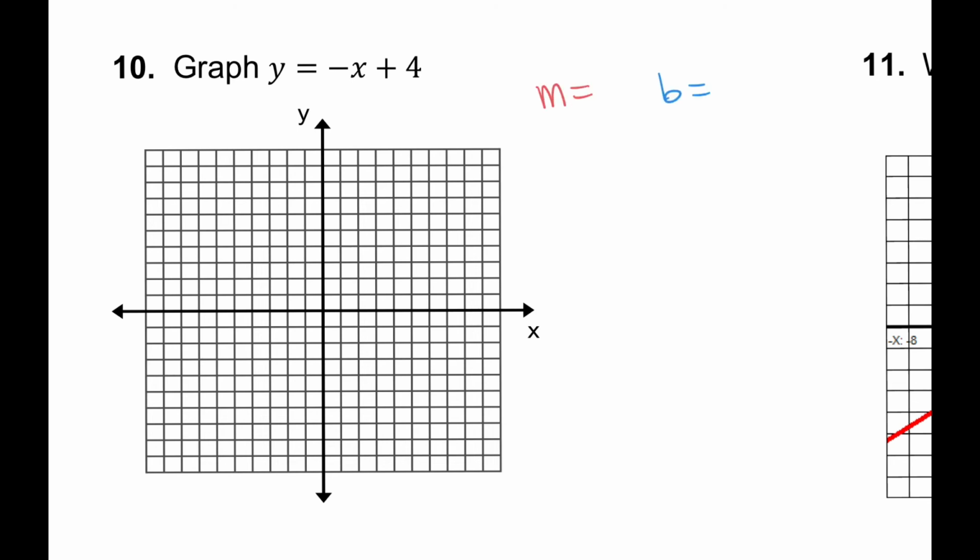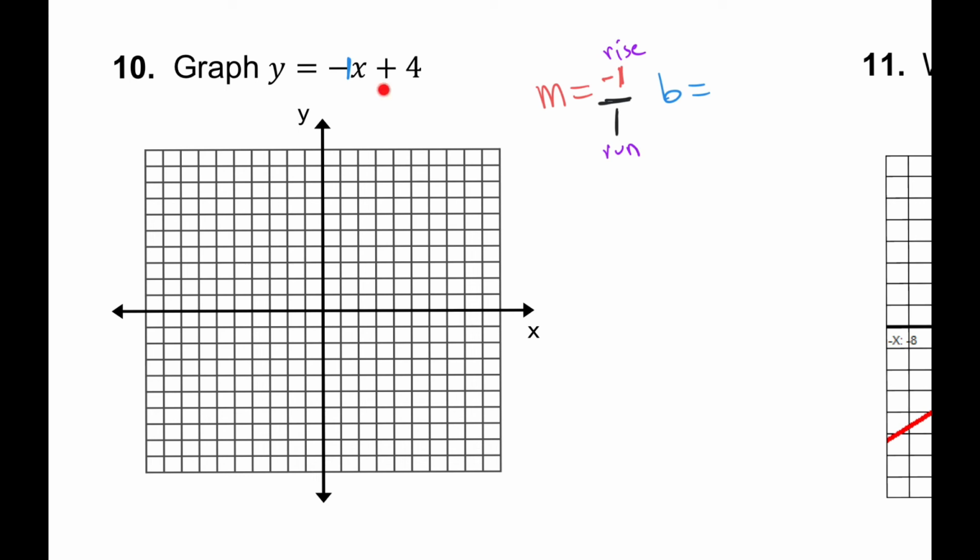So the slope is the number with the x, and notice here we have a negative, but there's an invisible 1. So my slope will be negative 1, and we need to make that a fraction, so we can use the rise and the run. So the rise is the top, and the run is the bottom. I'm just going to label that for you guys. The top is the rise, and the bottom is the run.